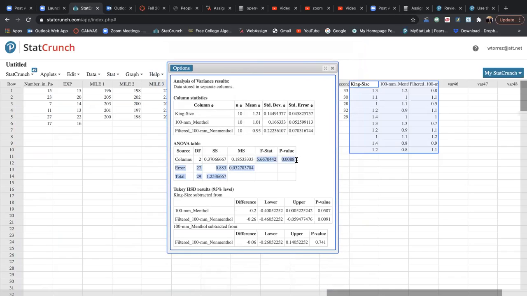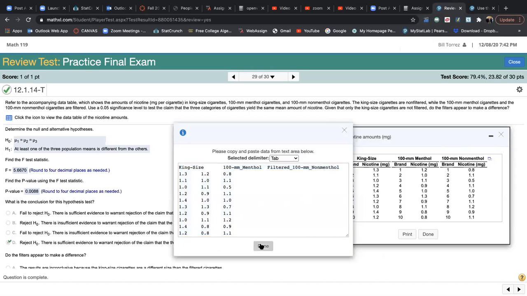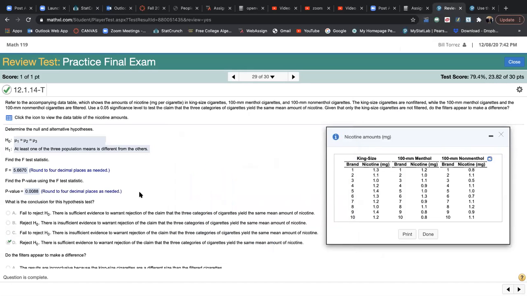We get an F-stat of about 5.667 with a fairly small p-value, 0.0088, certainly less than 0.05. The degrees of freedom for the numerator and the denominator are given there. Let's go ahead now and solve the problem. Here's the F statistic.